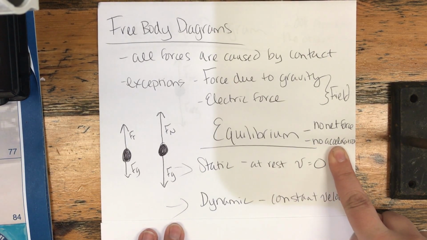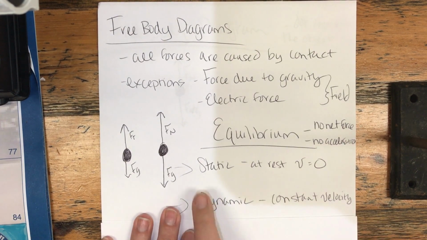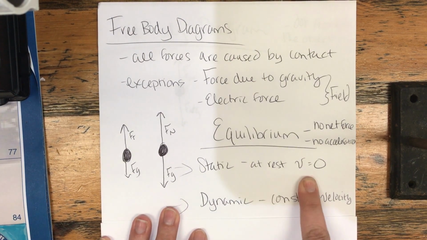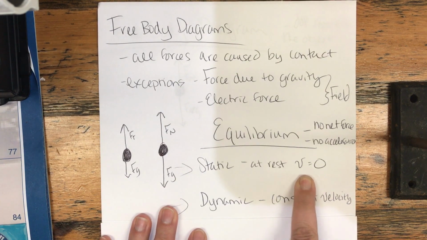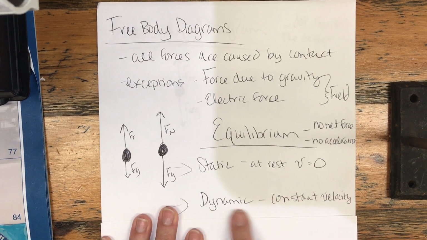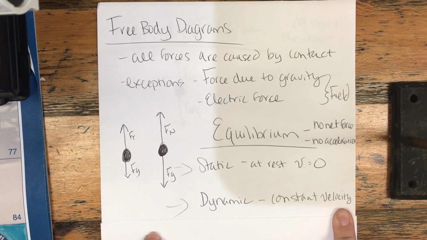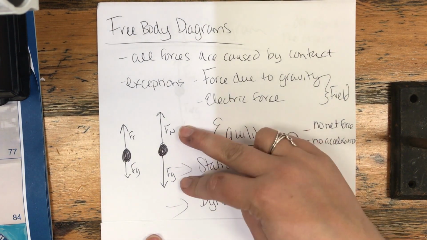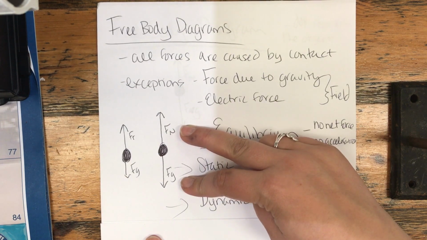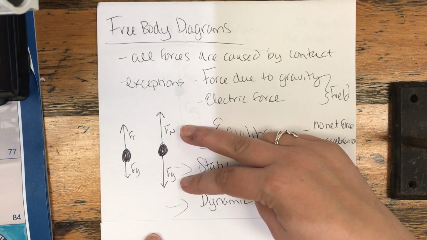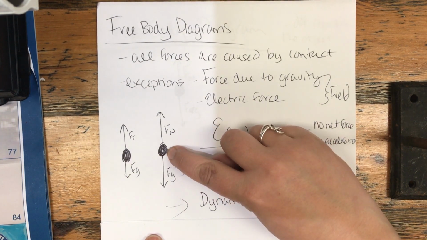And like we saw on the graphs, static means that the object is actually at rest and the velocity is equal to 0, whereas dynamic means that something is going at a constant velocity. But again, remember that there's no net force in one direction or another. So make sure on the AP exam, when you're drawing free body diagrams, you follow those rules and you have a dot representing the object.